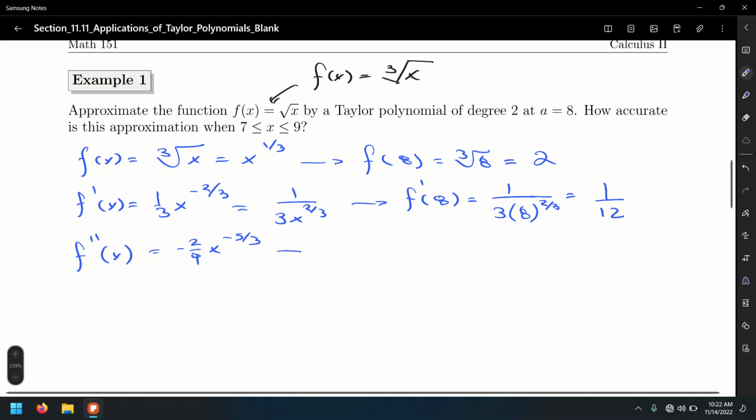We also need it in positive exponent form, so we can easily evaluate it at 8. So that's negative 2/9 times 1 over 8 to the 5/3. Simplifying this expression, take the cube root of 8, which is 2, raise it to the 5th power, that's 32, times 9, a big number. After simplifying this, that should give us negative 1/144.